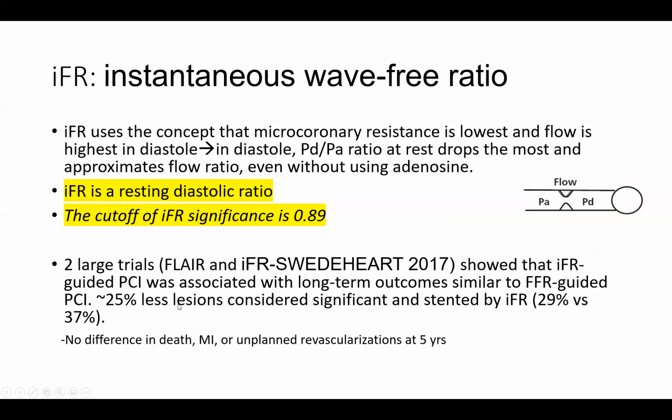But importantly, despite that, there was no difference in death, MI, and even no difference in the need for future revascularization for angina at 5 years. So you can apply iFR safely, and you're not hurting the patient by not stenting a lesion with negative iFR but positive FFR, okay?